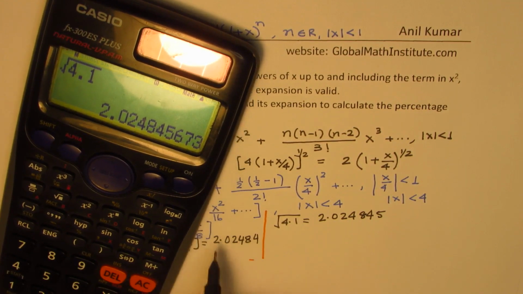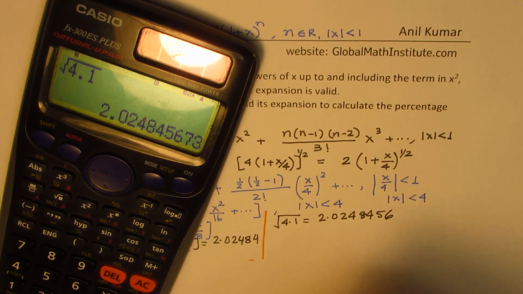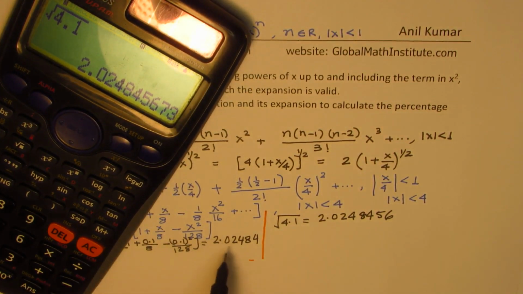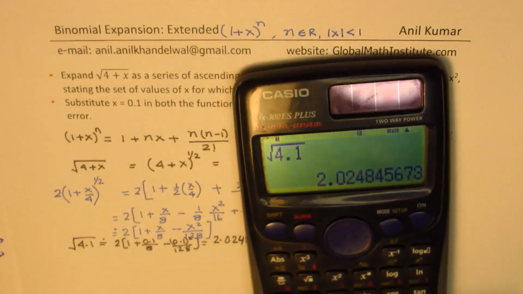Okay. So it is almost the same thing. We have to go to 2 more decimal places to get the real value. So let me do the first calculation again, since to 5 decimal places it was perfectly matching. Do you see how accurate it is?